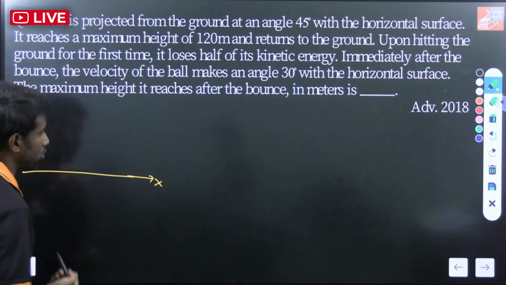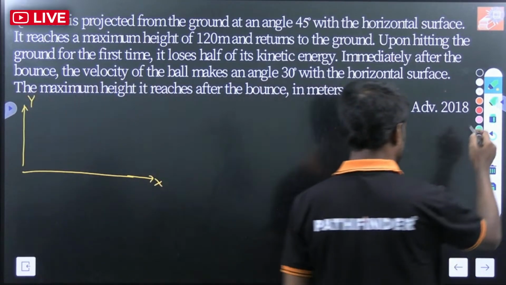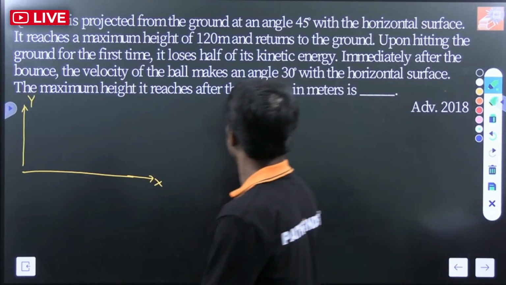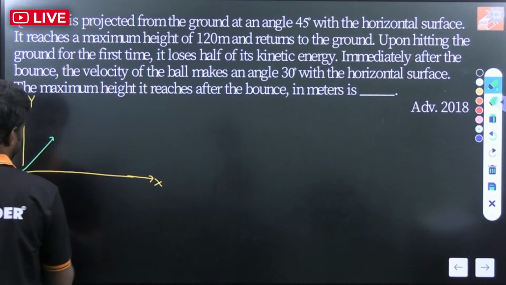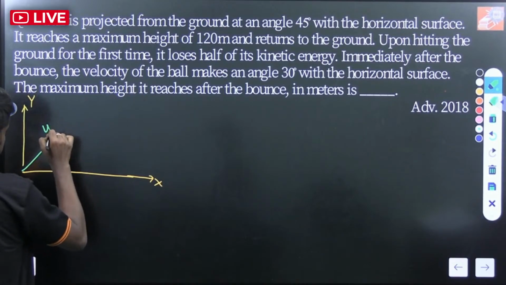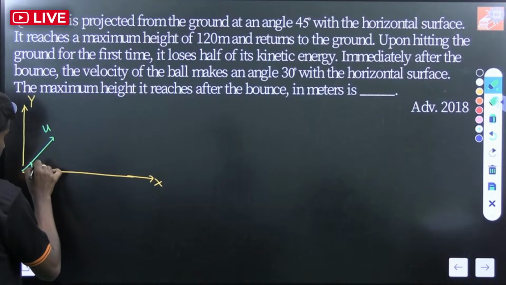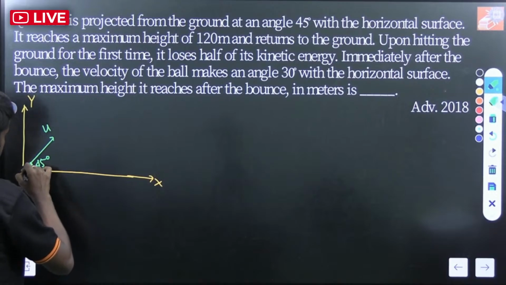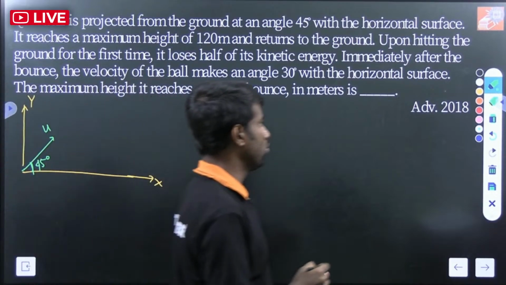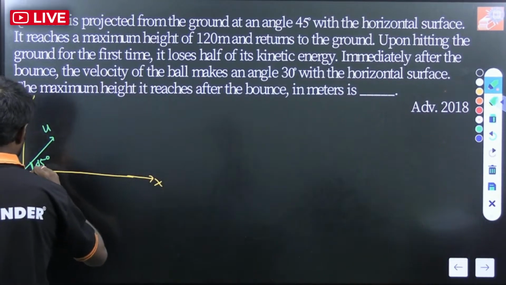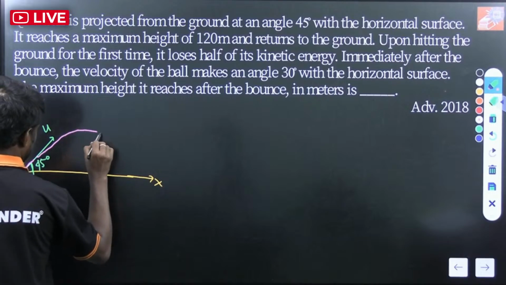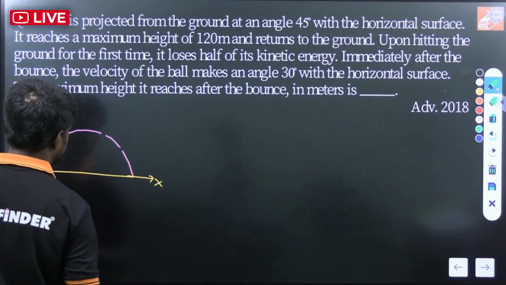A ball is projected from the ground at an angle of 45 degrees, with velocity u, and this is 45 degrees. So the path will be projectile motion, so it will look like this.